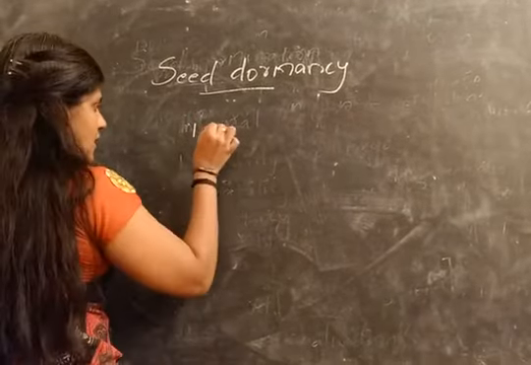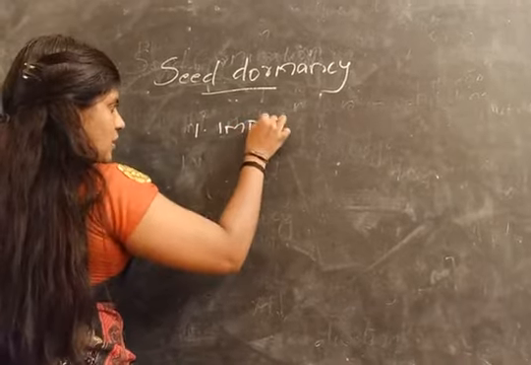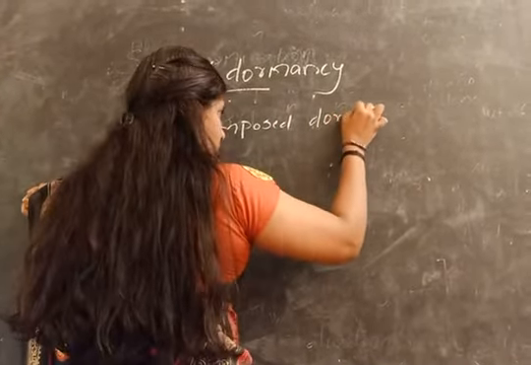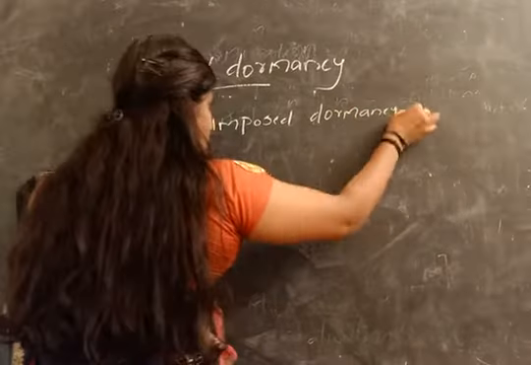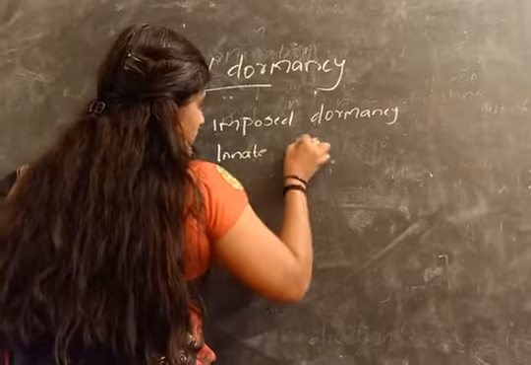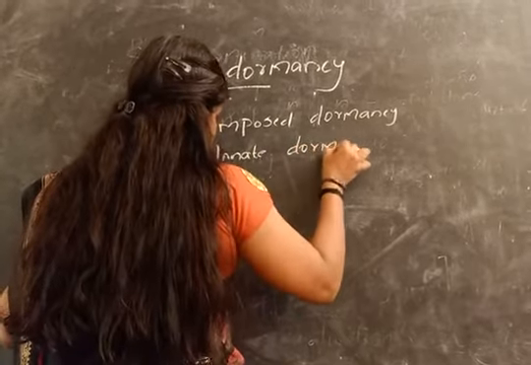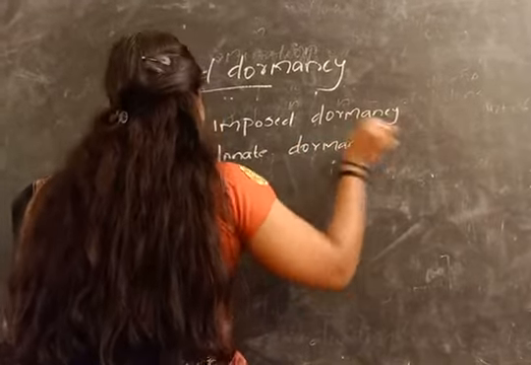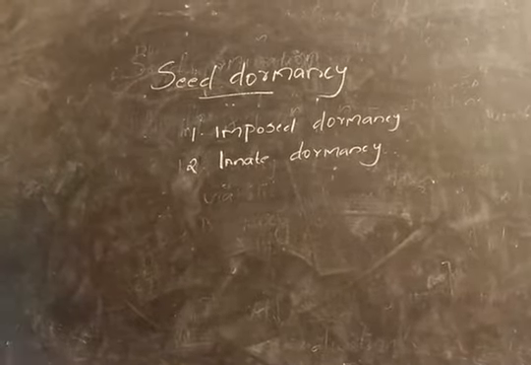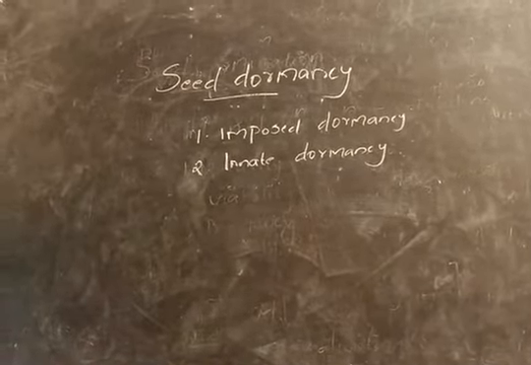There are two main reasons for the development of dormancy. First one is imposed dormancy. Second one is innate dormancy. So, the reason for dormancy can be imposed dormancy or innate dormancy.